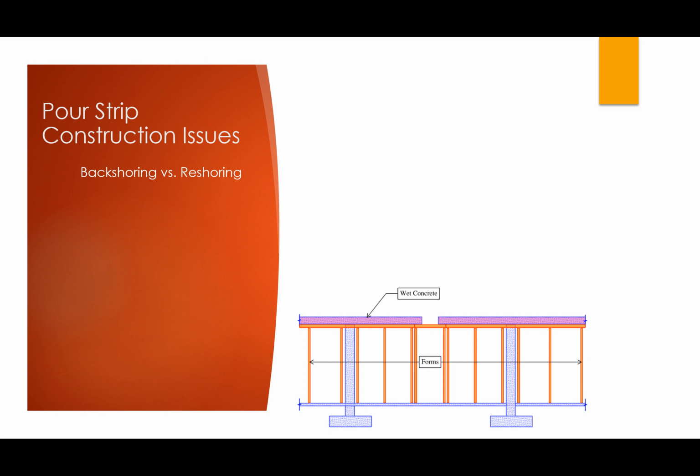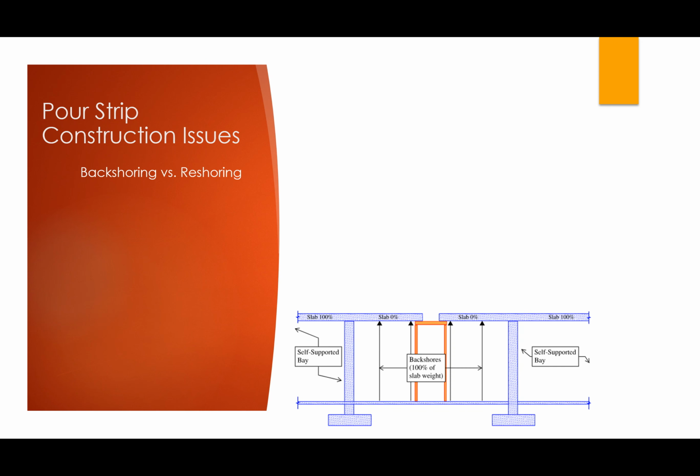You're going to get a situation briefly in time that looks something like this, right? So notice first off in the middle bay where the pore strip is, you have to put something called backshores. And these backshores have to go in before the formwork can be completely stripped. And the reason should be pretty straightforward here.